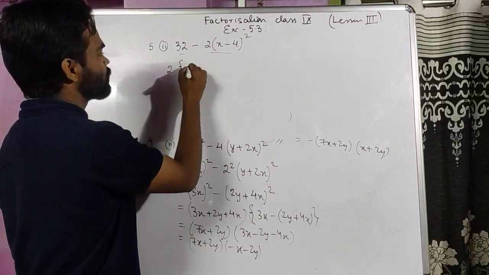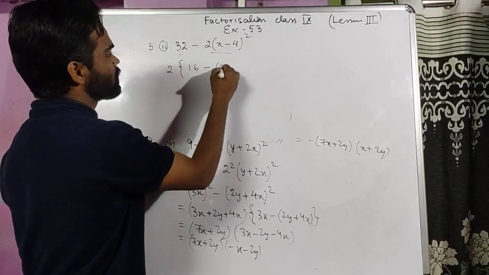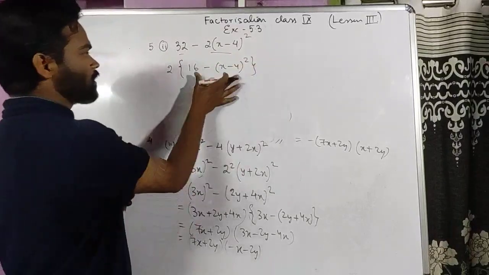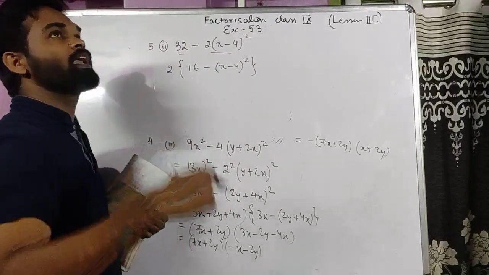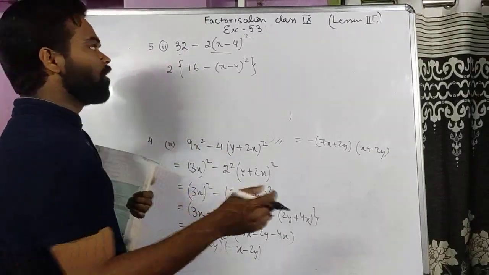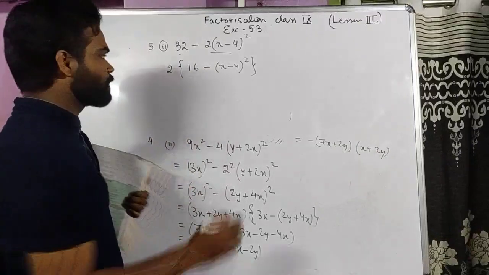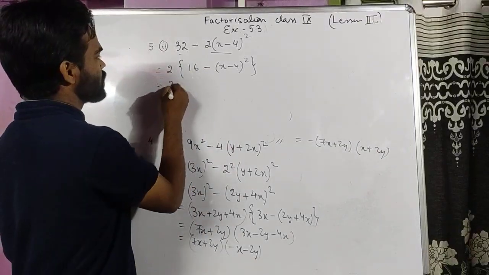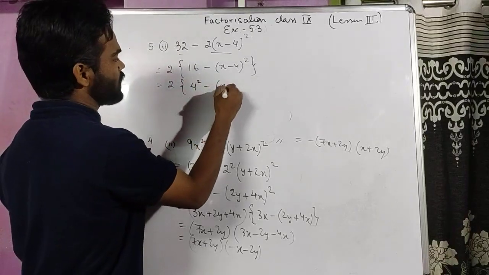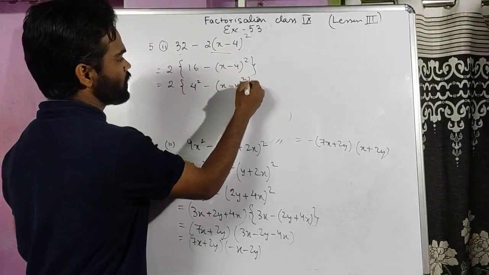So what is left? 16 minus x minus 4 whole square, isn't it? Now this we express in the form of a square minus b square, because we know 32 cannot be written as a square of a natural number. Okay, now this becomes 2, and this we can write as 4 square minus x minus 4 whole square.